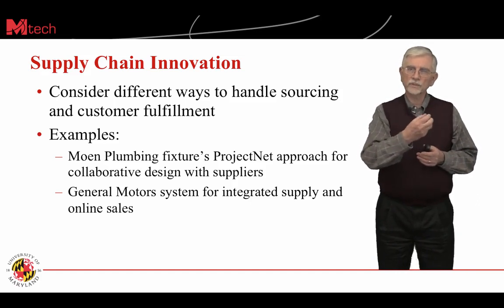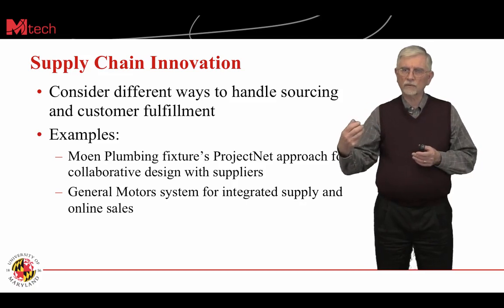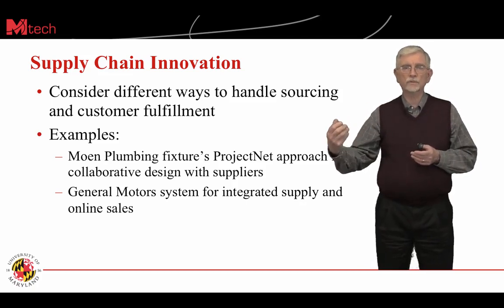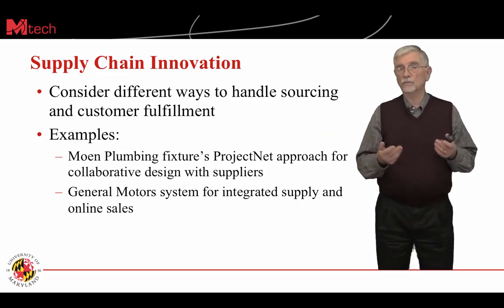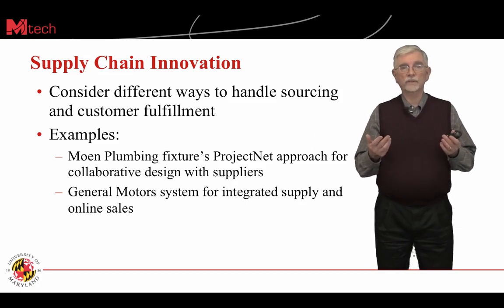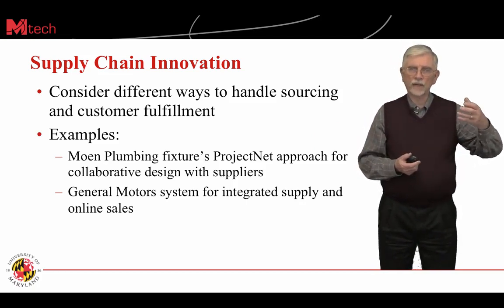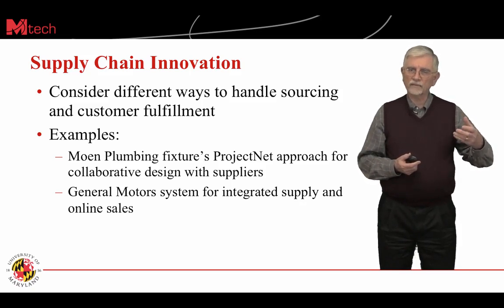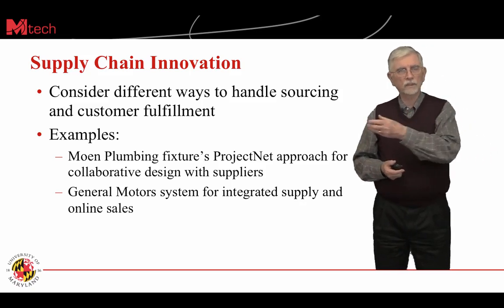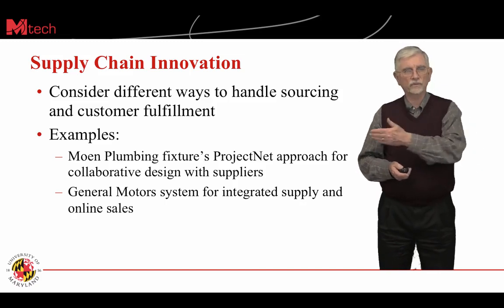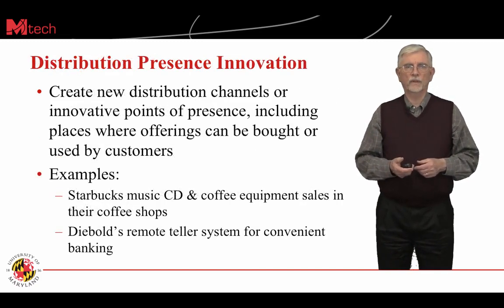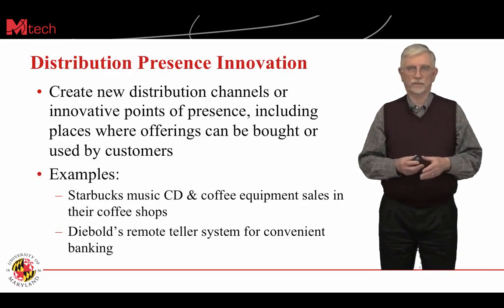So they have a relationship in the supply chain where they produce it, and they have a relationship with the people who actually sell to customers. And General Motors has a system for integrated supply and online sales. So there is a connection between the manufacture of an innovative idea and the consumption and the use of that idea in the marketplace.